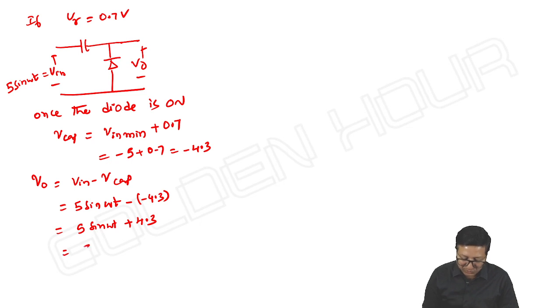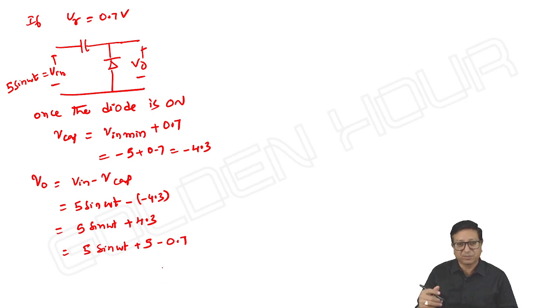The expected output in the ideal case is 5 sin omega t plus 5. But what you are doing? You are subtracting V gamma in the positive clamper. Okay. We need to add 0.7 to V capacitor, or we need to subtract 0.7 from the output. That's it.